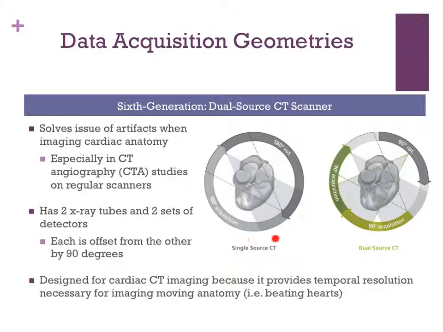So you can see here is a regular scanner where here's the beam, here's the detectors. But in dual source scanning, you can tell that there are 2 separate X-ray tubes and 2 sets of detectors, and they are 90 degrees from each other.